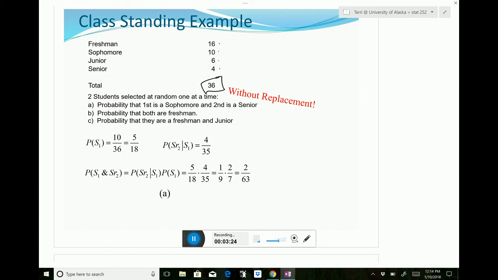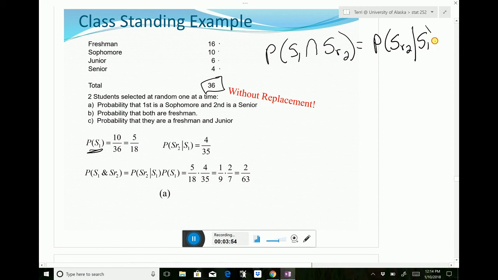So we want the probability that the first one is a sophomore. So that's this S1, intersection, the second one is a senior. Now, I can do a couple of things here. I can say, well, this is going to be equal to the probability that the second one's a senior, given that the first one was a sophomore, times the probability the first one was a sophomore.